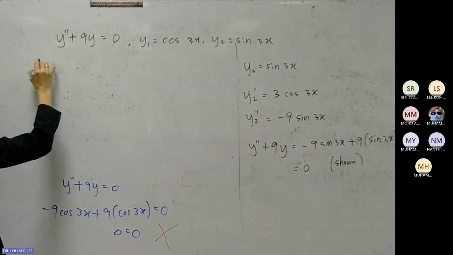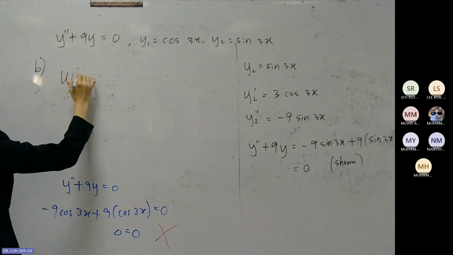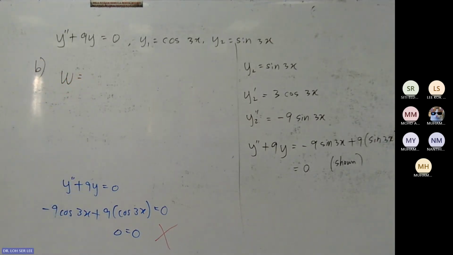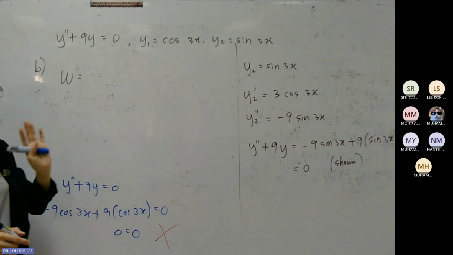For question B, we want to show that y1 and y2 are linearly independent. So we find the Wronskian function, and we show that the Wronskian function is not equal to 0.